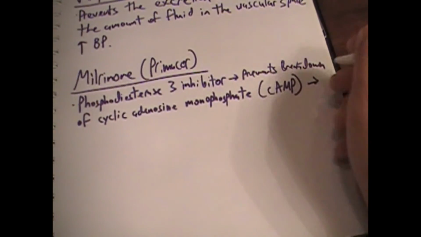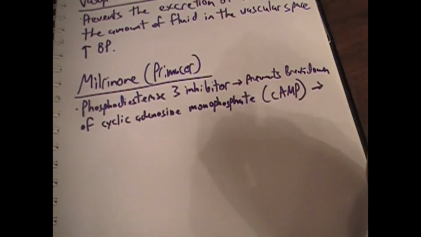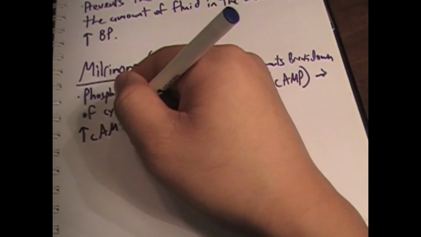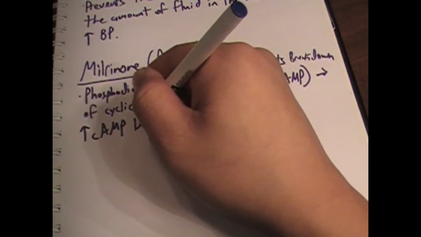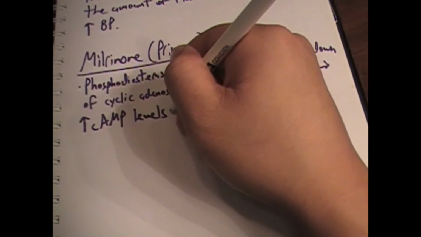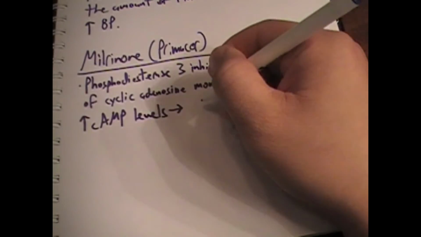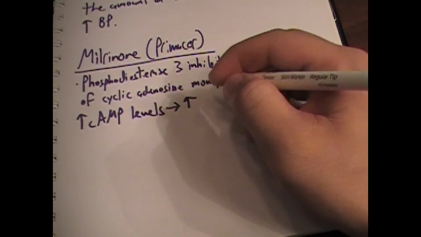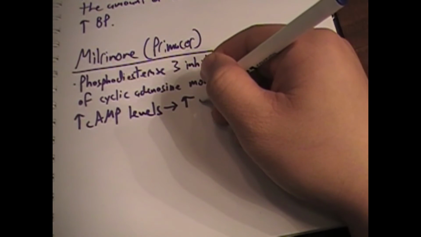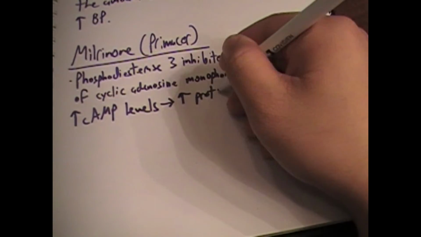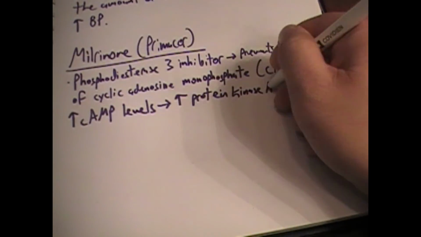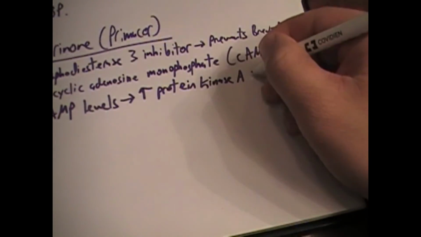Because of this, we will have an increase in cyclic AMP levels. Because of this, we also have an increase in protein kinase A, also known as PKA.